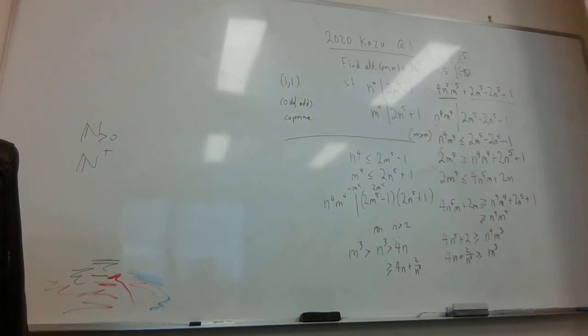So can anyone come up with a quick reason why if m equals n, it has to be 1, 1? Because 1 works, and the other one can't work.